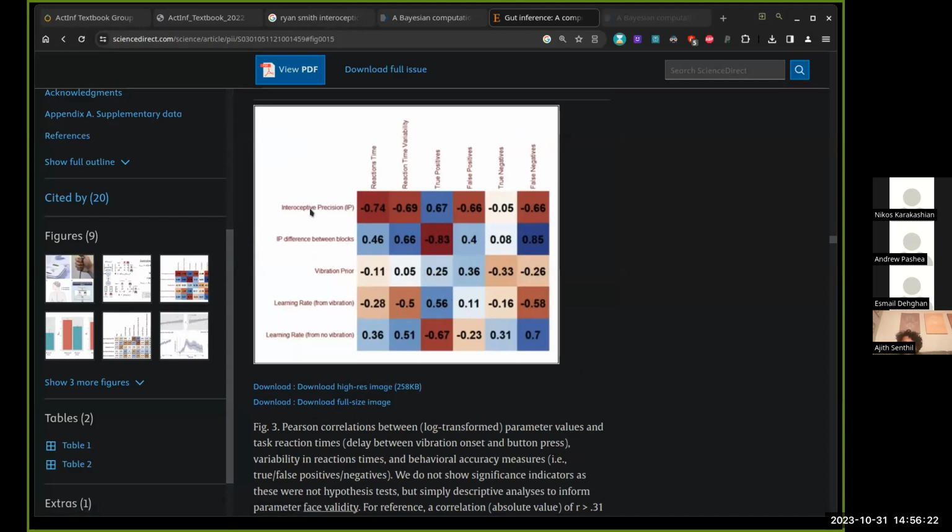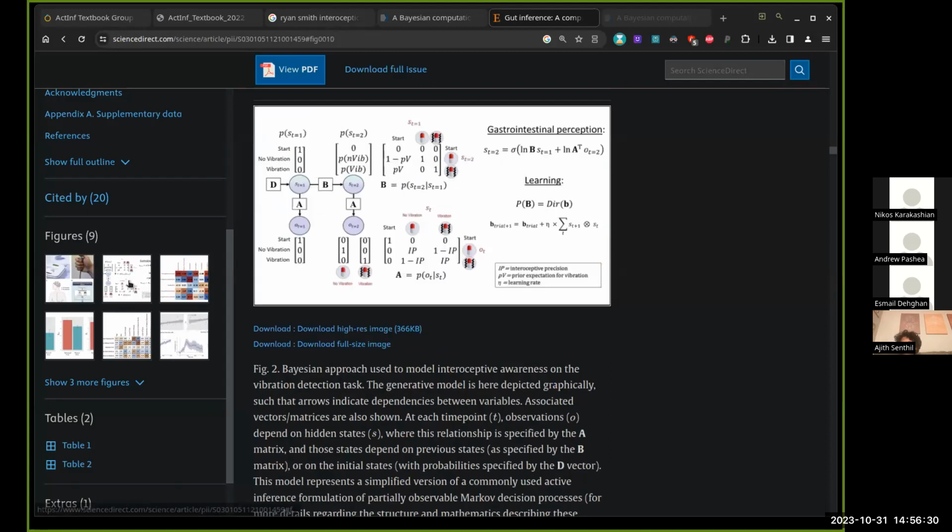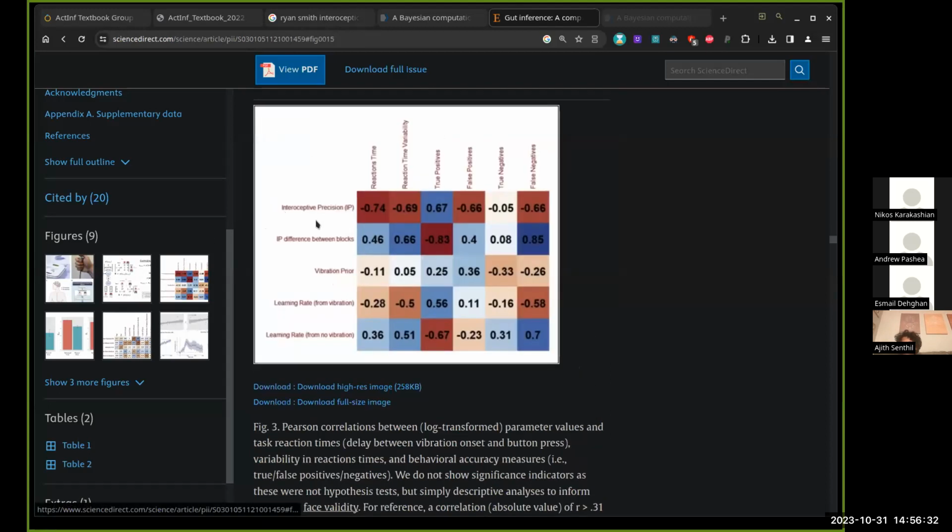Yeah. So here's interoceptive precision. They did parameter recovery on the A matrix. Then you can say, well, what's the correlation coefficient between this coefficient we identified, IP, and these empirical phenomena? Reaction time variability.